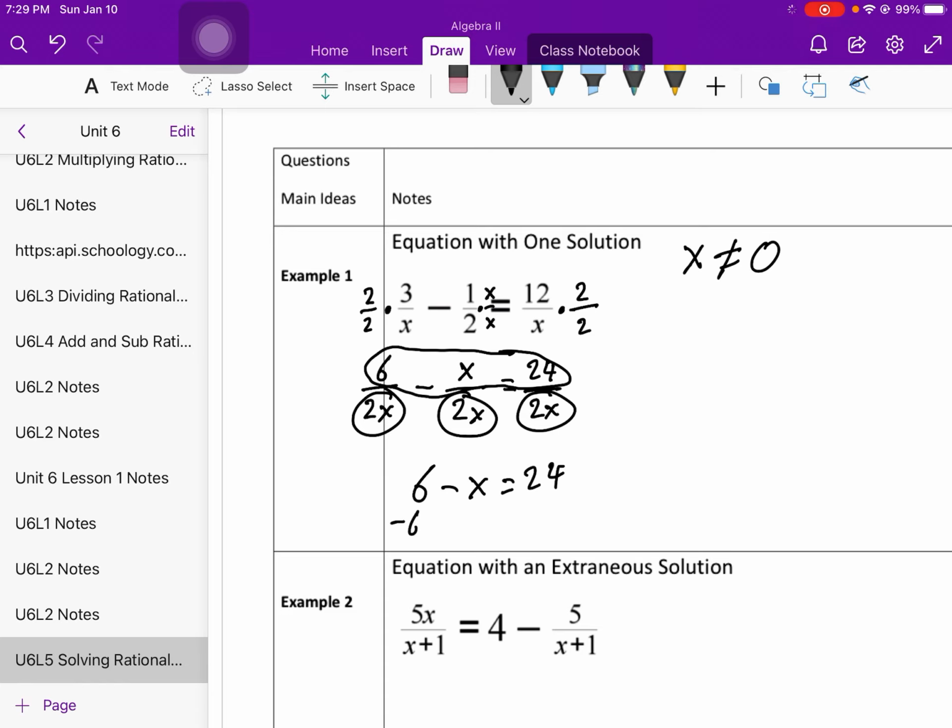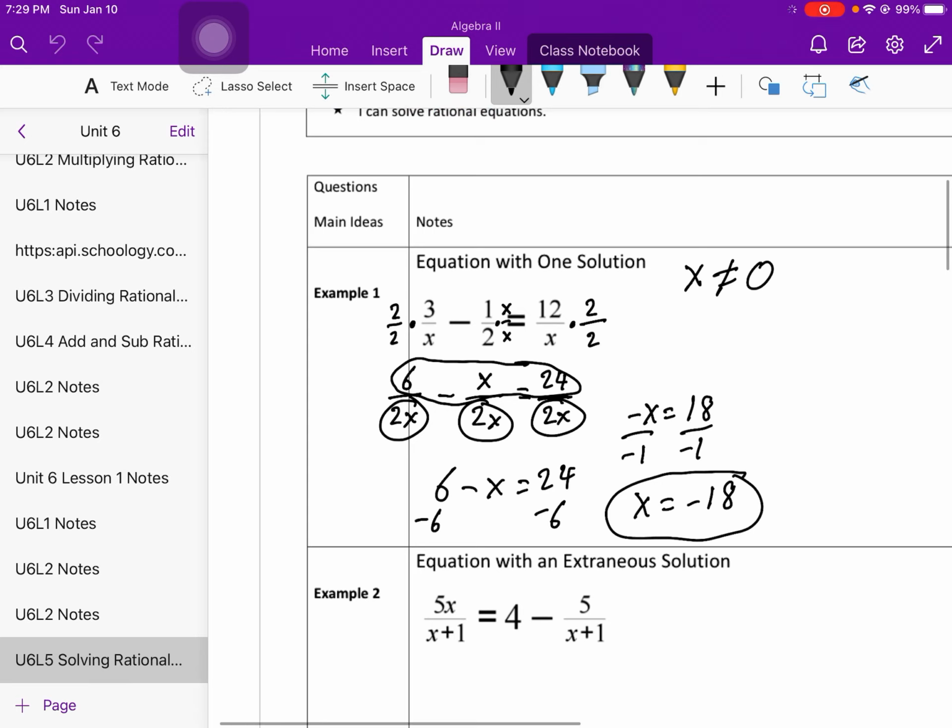Now what we would do is subtract 6. We would get negative x equals 18, and then we would have to actually divide by negative 1, because we have to get rid of that negative sign, and we get x equals negative 18. Kind of a weird number, but what we can do to check this is actually plug it back in.